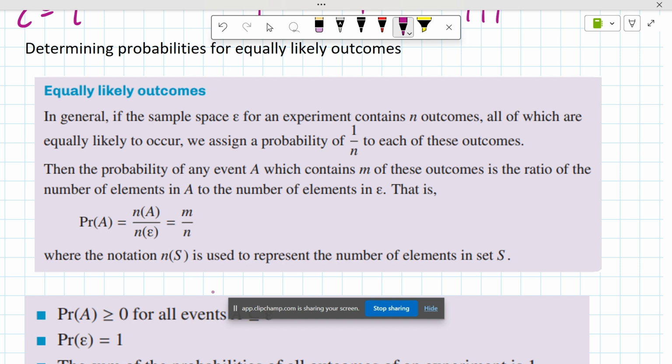For the probability with equally likely outcomes, we're using the ratio of the number of elements in the event to your total outcomes.